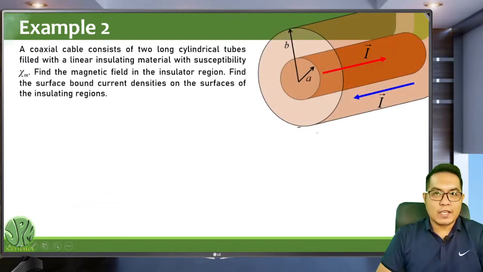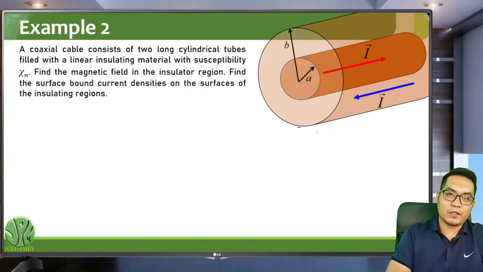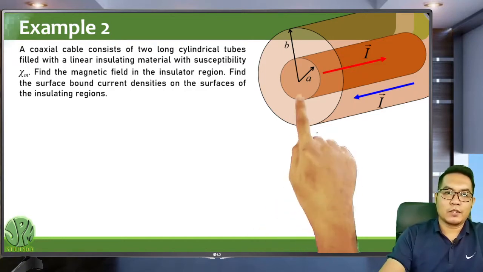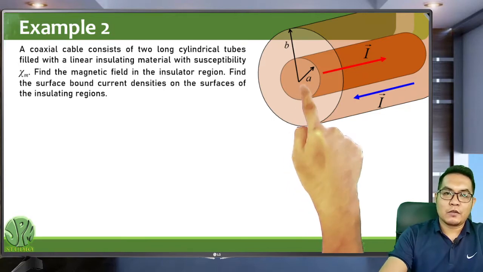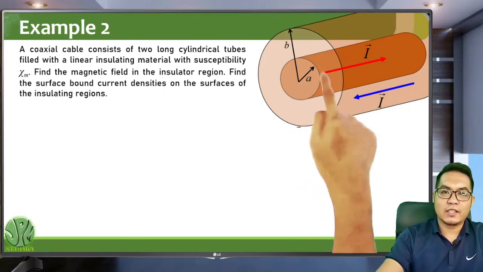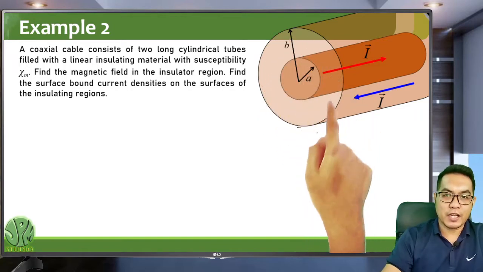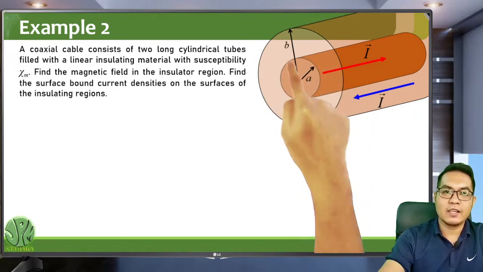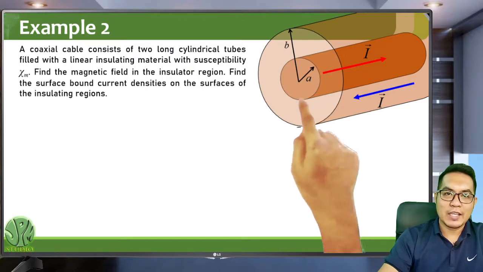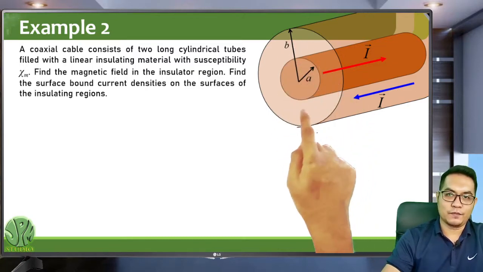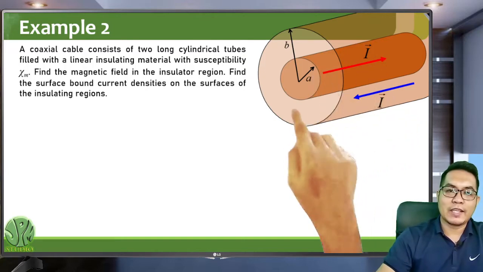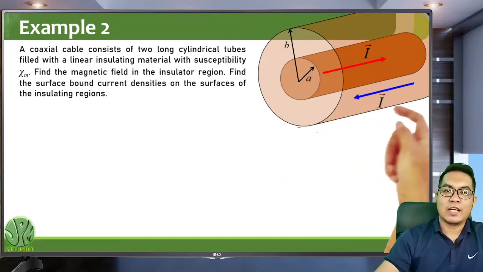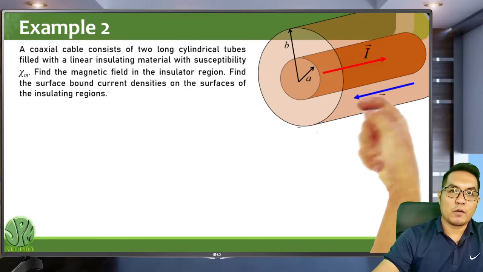Okay, so in this example, you have a coaxial cable. This is a very realistic example. You have a coaxial cable. So this is a conductor. It's basically a conducting rod, and you have a conducting shell. And in between the conducting rod and the conducting shell is an insulator region. In the conducting rod, the current is moving in that direction. In the conducting shell, the current is moving in the opposite direction.